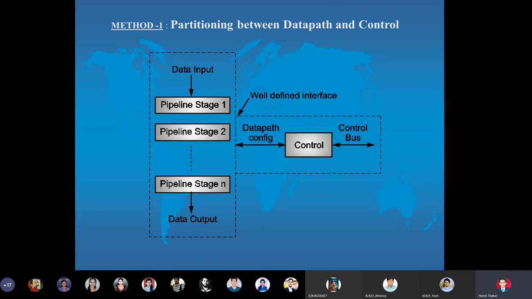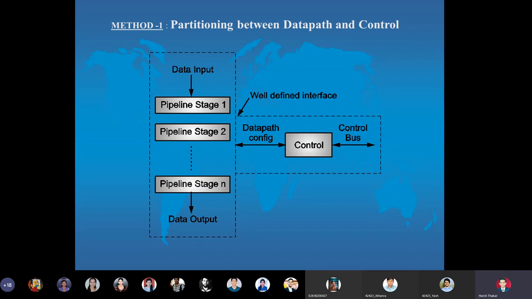So data path is responsible for carrying the inputs to the outputs, and also responsible for performing the operations on the data. So data path carries the data from input to the output and also performs operations on that data. Okay, while the control structures or the control path or the control bus has got nothing to give and take with the content of the data, but it is responsible for configuring the data paths properly.